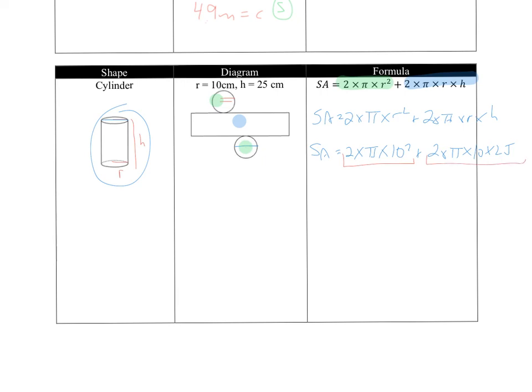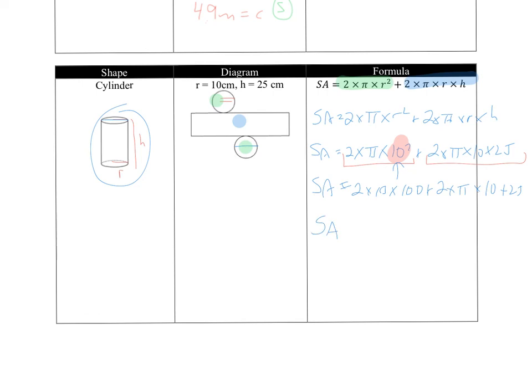So we have multiplication both happening here, but we do have an exponent, so I'm going to do that first. Okay. So we have surface area equals 2 times pi times 100 plus, which is what I get when I do this, 10 squared, 2 times pi times 10 times 25.